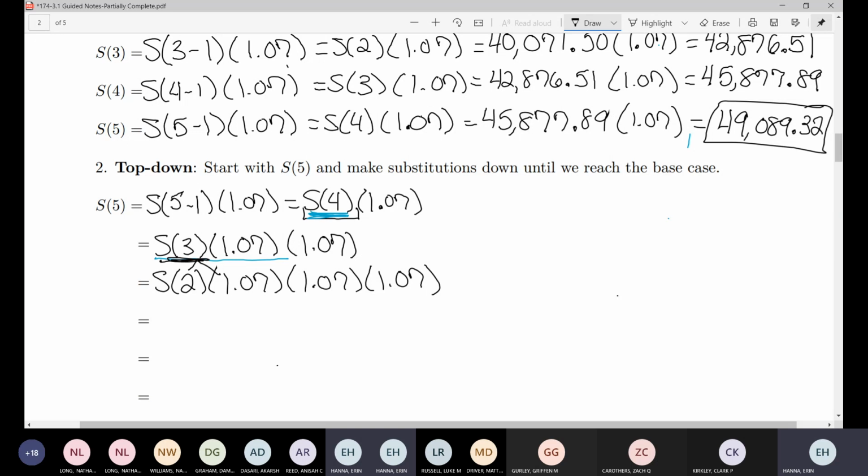So this kind of breaks up into that piece. S of 2 would become S of 1 times 1.07 times the three 1.07s that were already there.